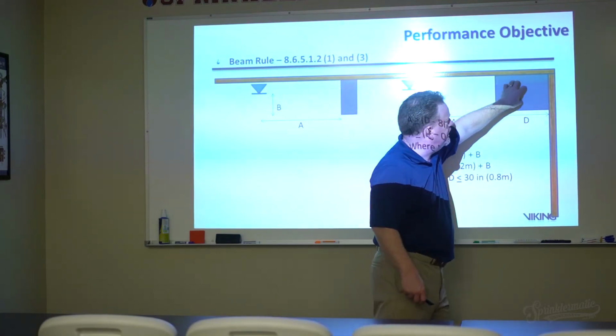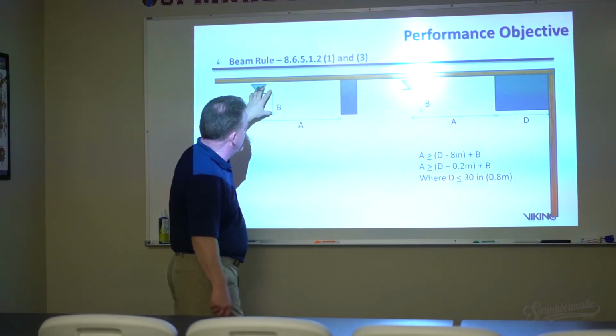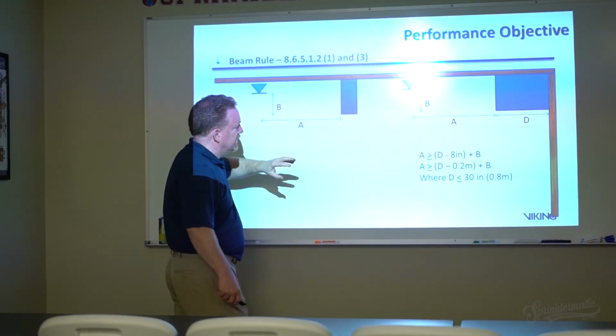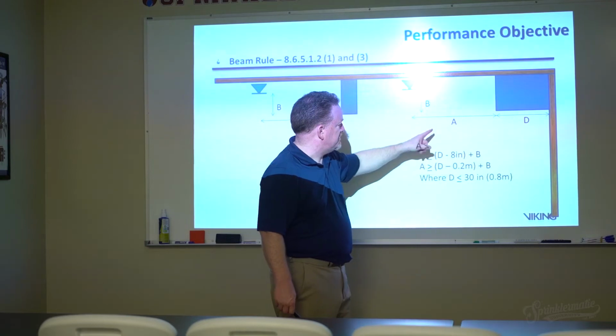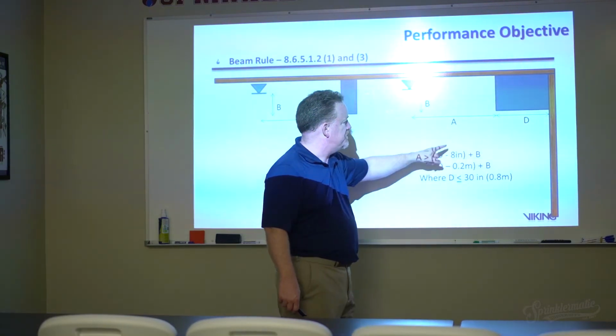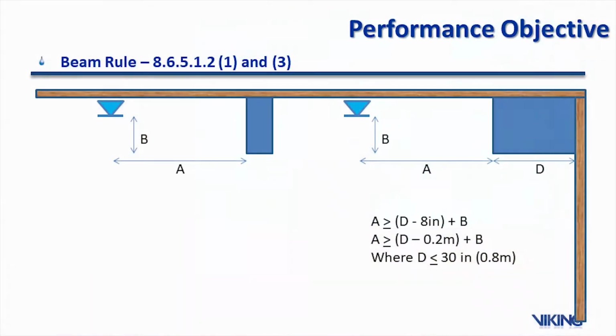If I've got a soffit on the wall, then it's not just a straight A and B, it's more of a calculation. A has to be greater than the distance D, whatever this distance is, minus 8 inches plus B.